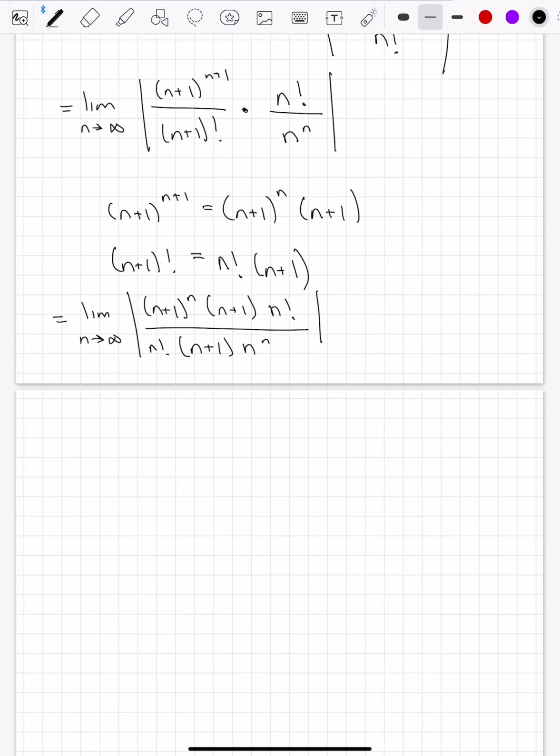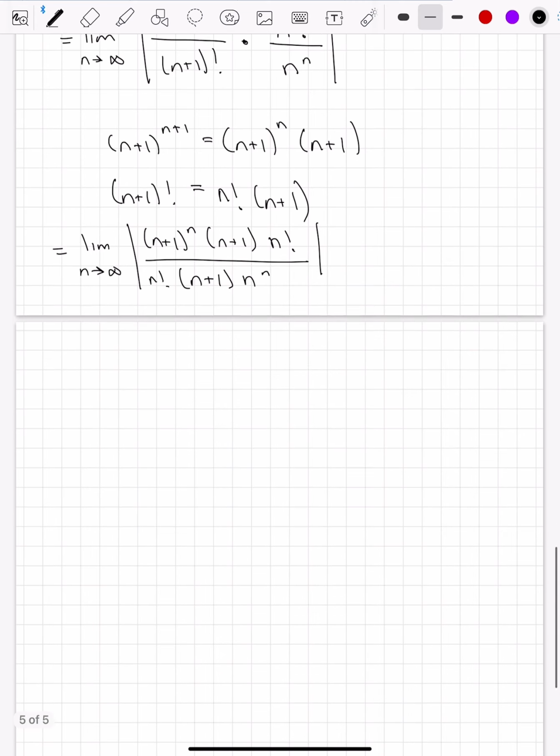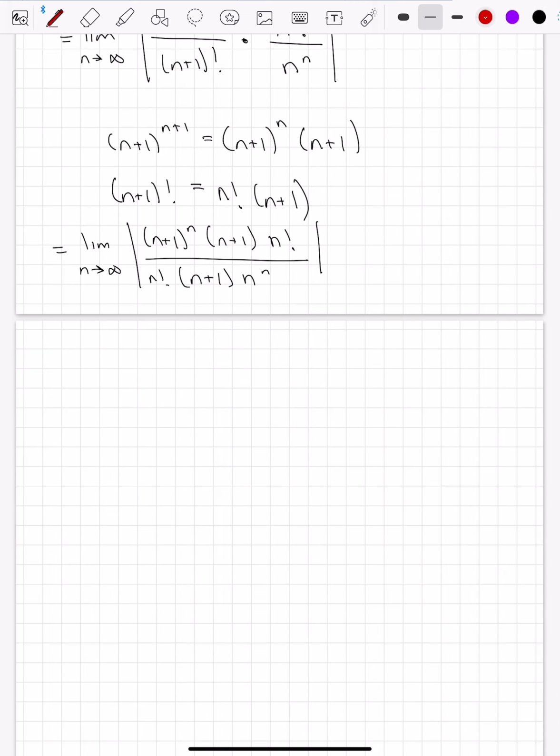Okay, so now we get that the n factorials are going to cancel each other out, and then also the n plus 1 is going to cancel out. So then we're left with the limit as n approaches infinity of the absolute value of n plus 1 to the n all over n to the n.